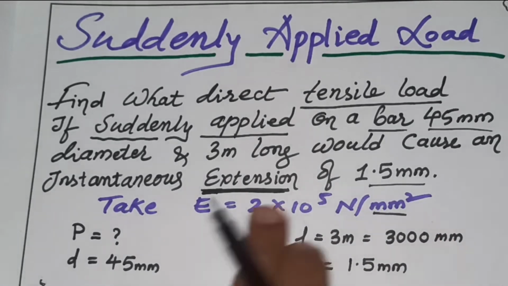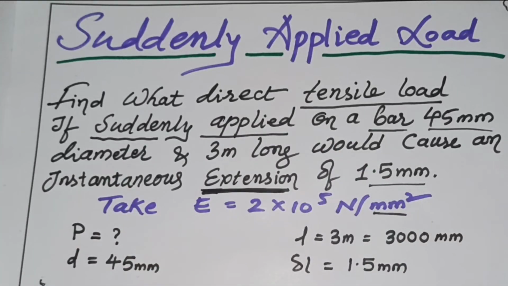So now all the dimensions and the question are clear to you. You need to find the tensile load P if it is a suddenly applied load. As I told you, the stress will be twice here. That you have to remember. Other than that, it is the normal procedure.